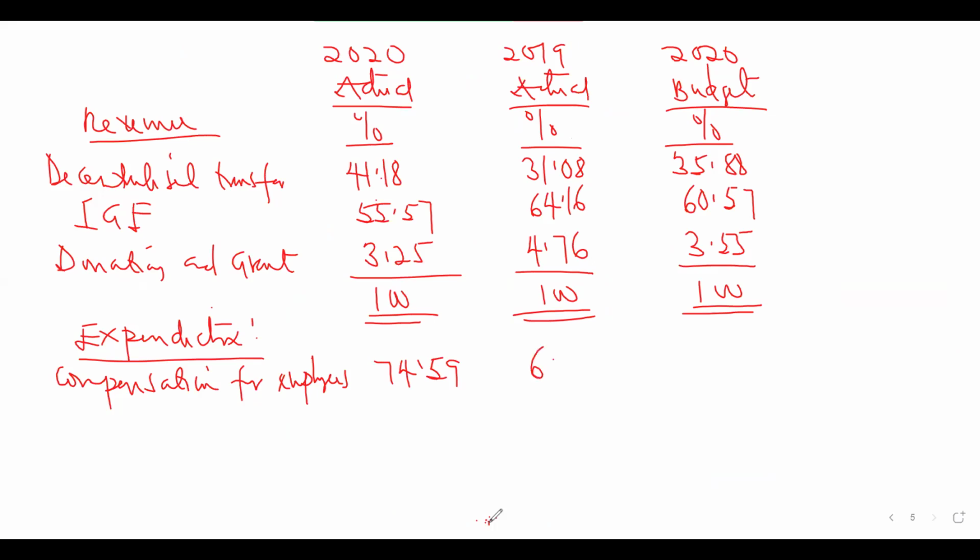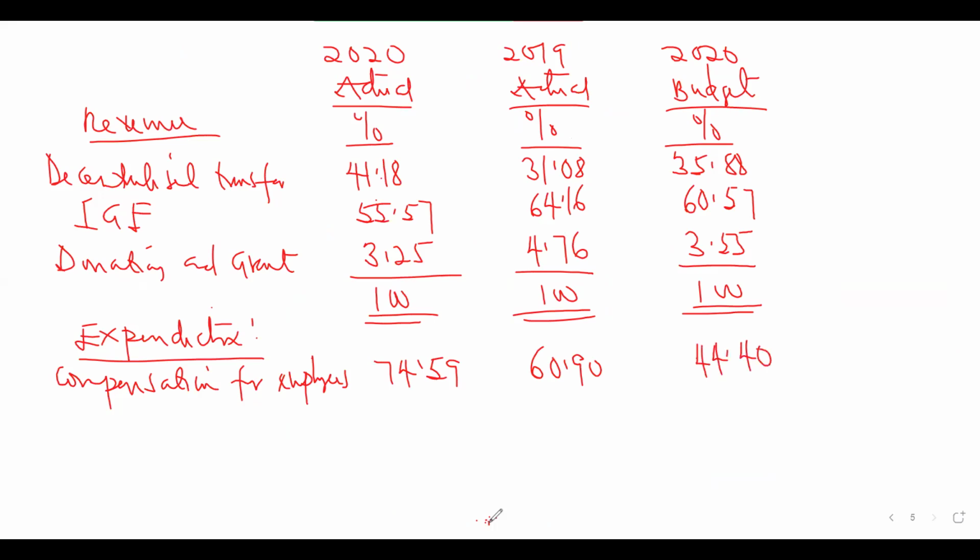60.90. Budgeted is 44.40. Please, can you take it again? 44.40.